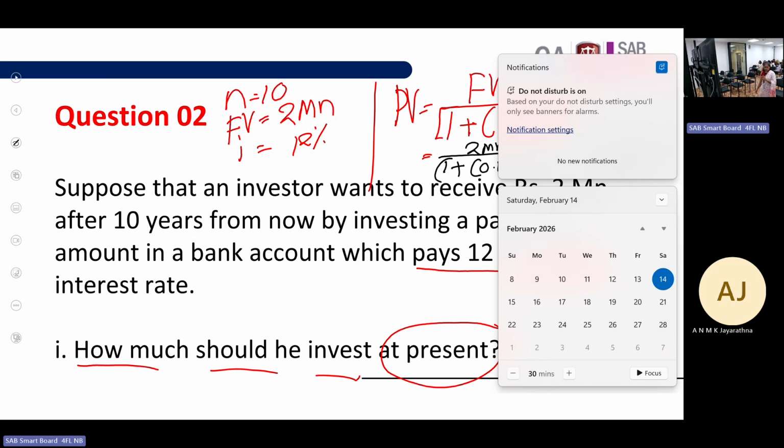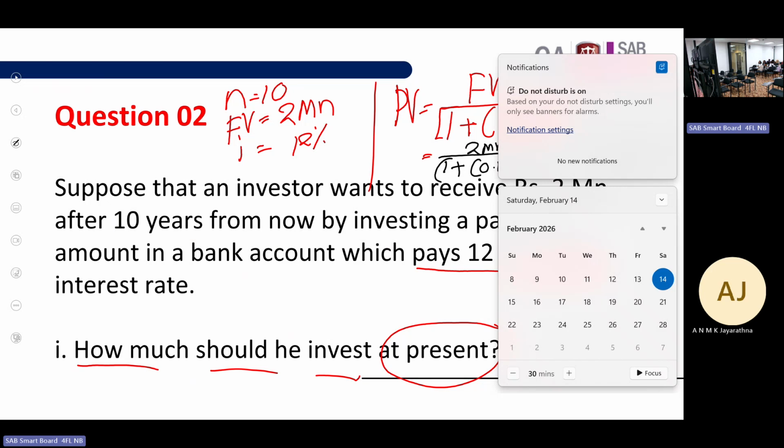So accordingly, we'll go to our mind map. The first concept that we have identified is simple interest. Under simple interest, we have calculated present value and future value.